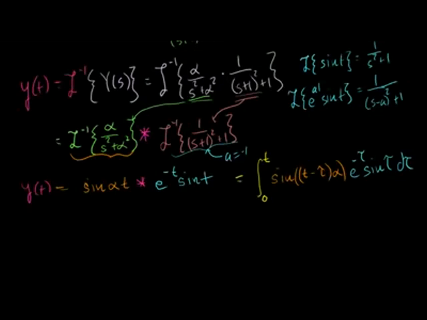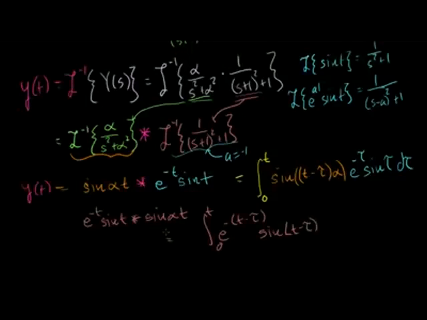We could have written this expression as e to the minus t sine of t convoluted with sine of alpha t, and that would be equal to the integral from 0 to t of e to the minus (t minus tau) sine of (t minus tau) times sine of alpha tau d tau.